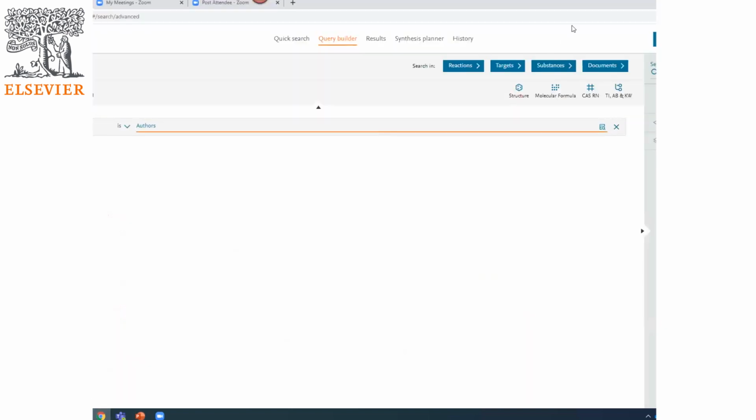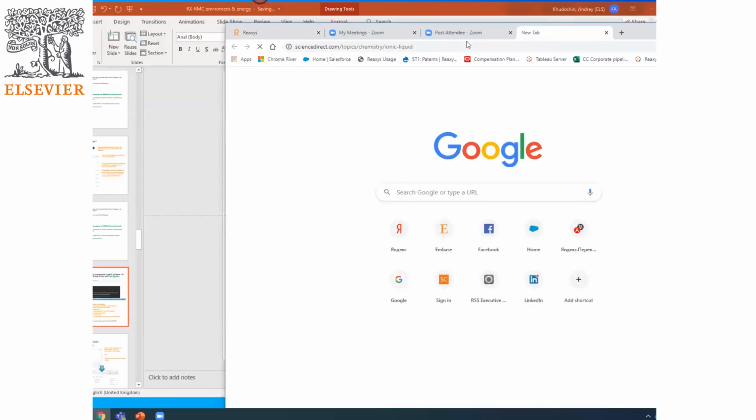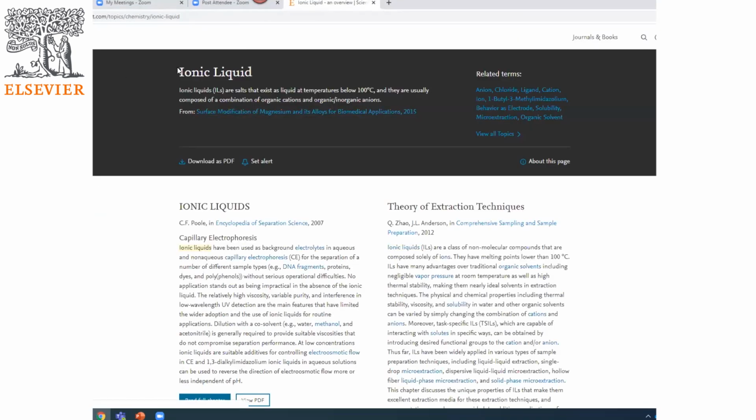So when you start to search for something, you can find not only particular articles, but even a collection of specific articles connected to some topics. And for ionic liquids, which are one of the well-known green solvents, we have a topic in ScienceDirect.